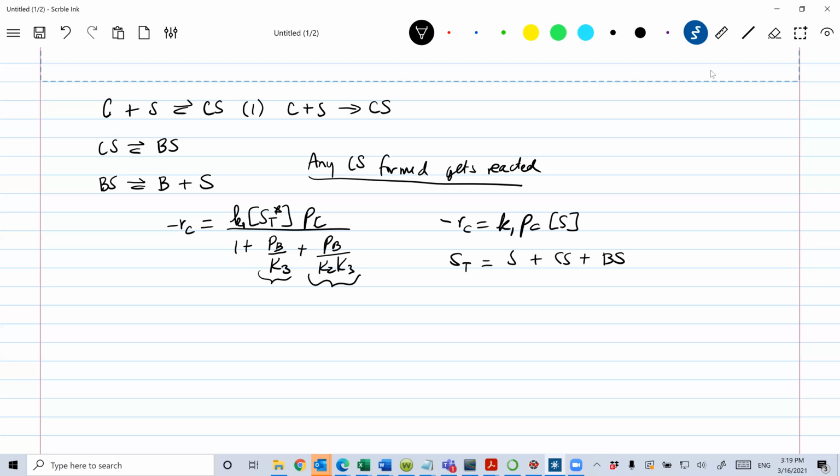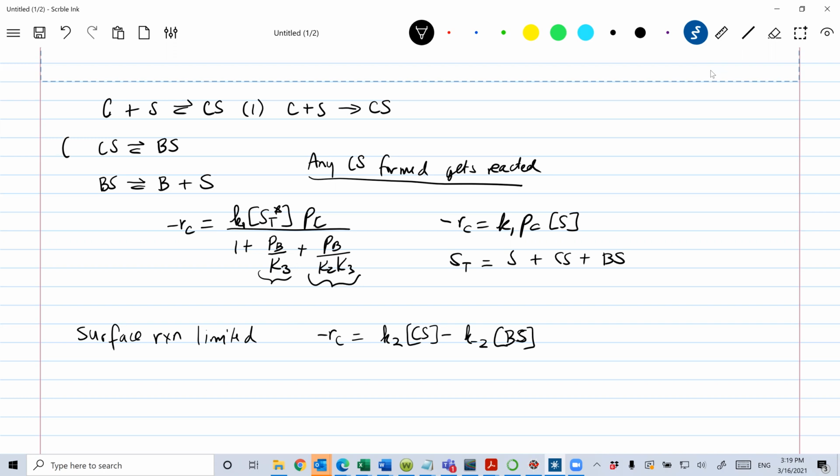If it's surface reaction, then that's when you use the rate equals k times the reactants minus the products over the equilibrium constant. So if it's surface reaction limited, here what you would write is minus RC equals K2 CS minus K minus 2 BS.